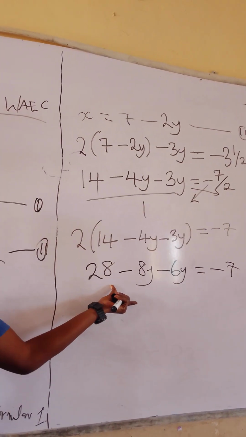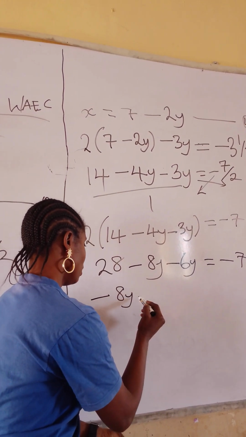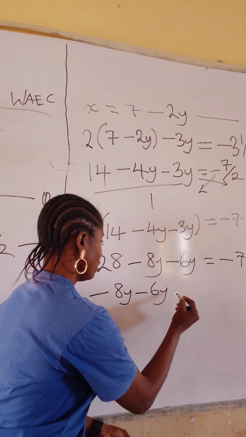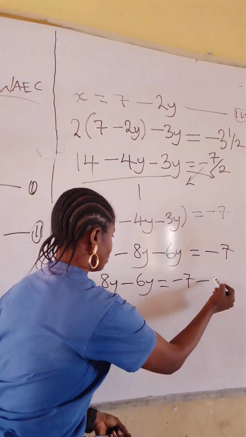From here, we collect our like terms. Minus 8y minus 6y is equal to minus 7 minus 28.